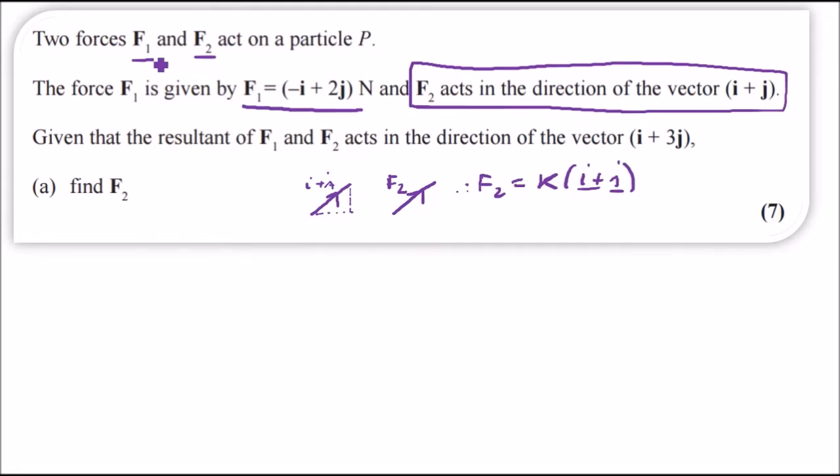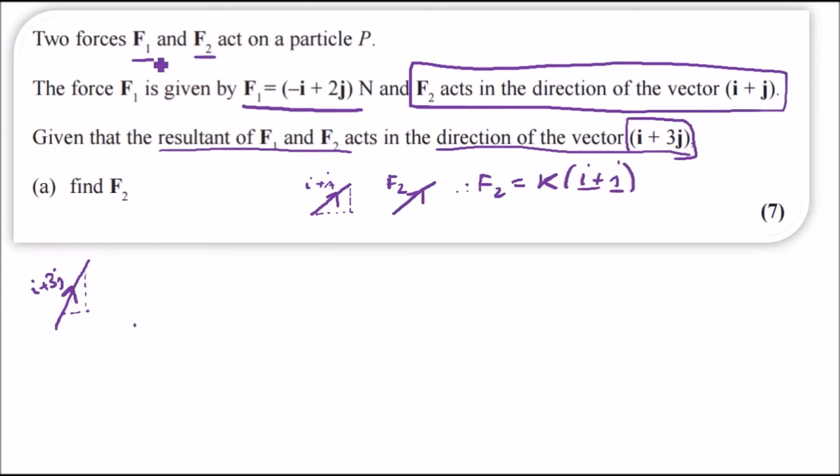We also know that the resultant force of F1 and F2 acts in the direction of the vector i plus 3j. So again, this is the same thing. So now we're going to have another vector. We know that the direction is i plus 3j. So how does i plus 3j look? It's like 1 across and then 3 up. So something like this. Let's call this i plus 3j.